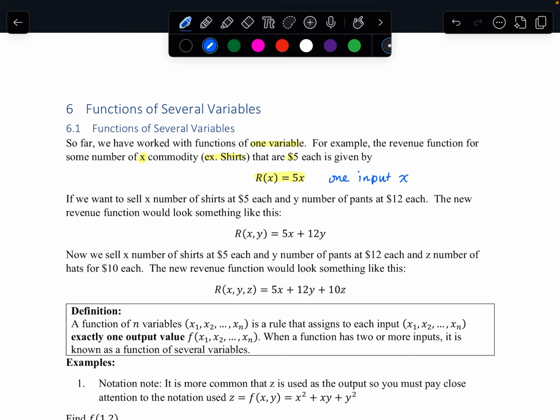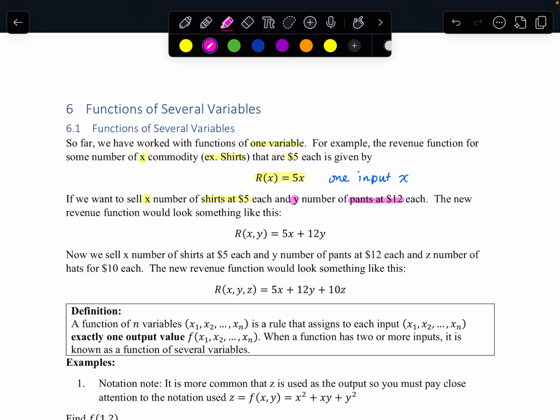It is common that our functions, especially this revenue function, depend on more than one input. We sell more than one thing, right? So we can sell an X number of shirts for $5, and then we can sell a Y number of pants for $12 each.